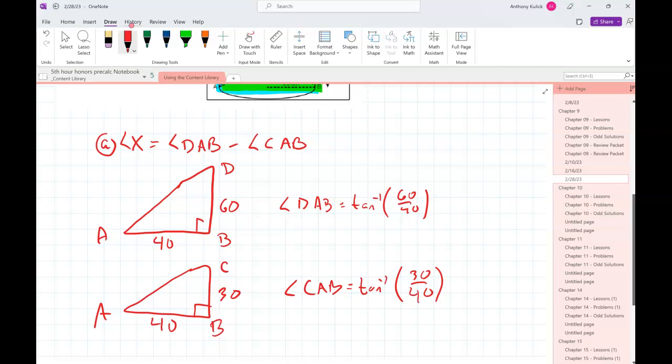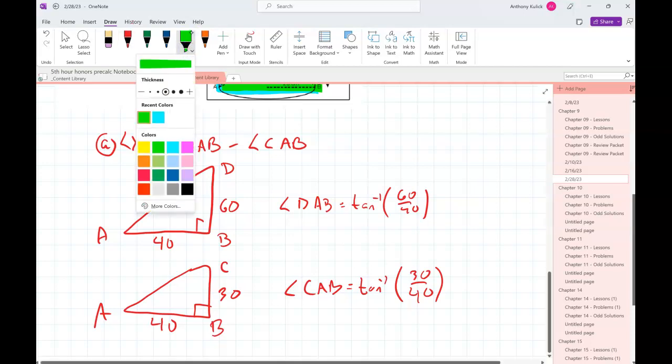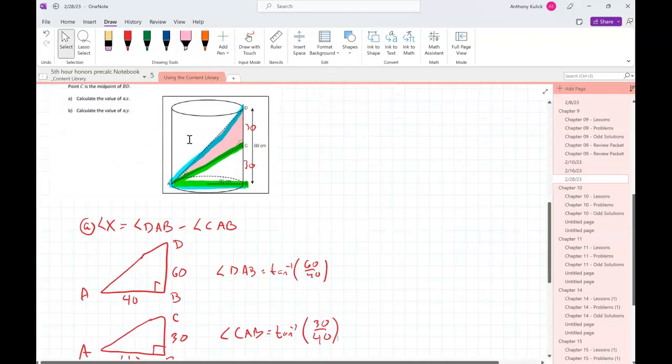And then we just subtract those two and we're good to go, right? Does everybody feel okay there? Giselle, you're happy with what I did? Okay. Let's talk about angle Y now.